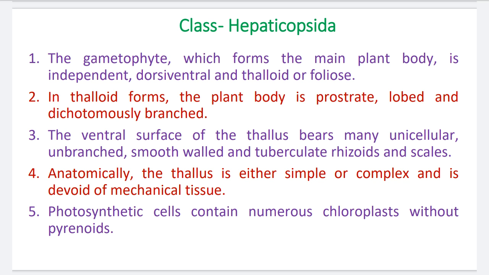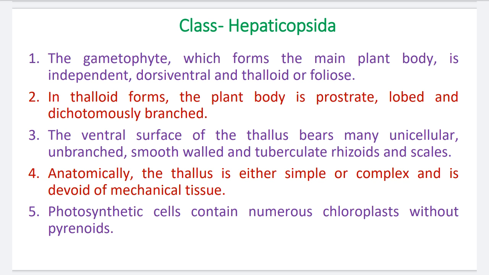Number 3, the ventral surface of the thallus bears many unicellular, unbranched, smooth-walled and tuberculate rhizoids and scales. Rhizoids and scales are present on the ventral side of the thallus. Ventral means the lower side of the thallus.